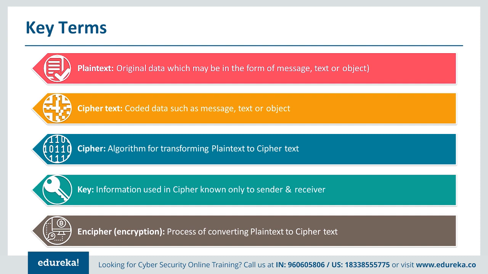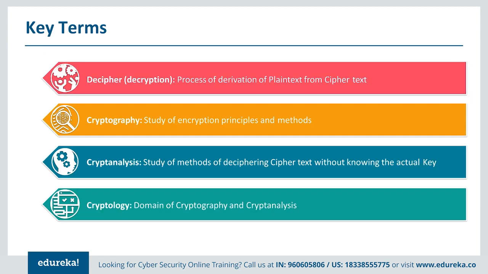The process of encrypting is just enciphering. Most people will not use the word encipher. Everyone will be using encryption. That's more common than enciphering. So deciphering is called decrypting, the process of converting the encrypted text back to the original state.